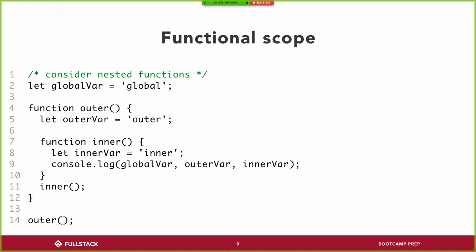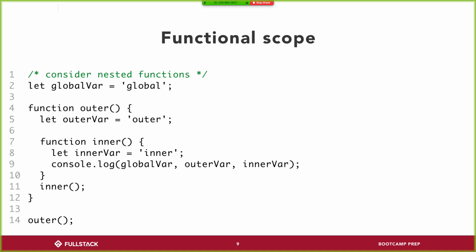So when we call outer, that calls inner, and when we call inner, that logs the global variable, which is global, and that's accessible because anything deeply nested can access all the scope outside of it, but it doesn't work the other way around.